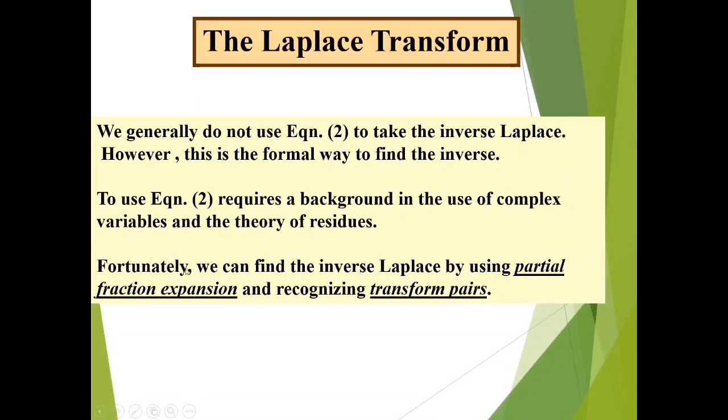So, fortunately, we can find the inverse Laplace by using partial fraction expansion and recognizing transform pairs. Transform pairs means Laplace transformation and inverse Laplace transformation. They form a pair. So, using partial fraction expansion and transform pairs, we can find the inverse Laplace easily instead of using the formula method.